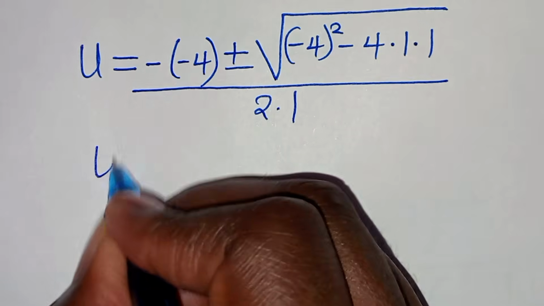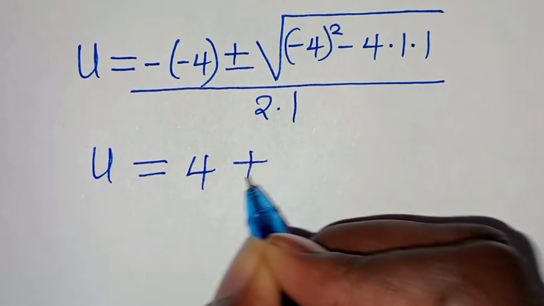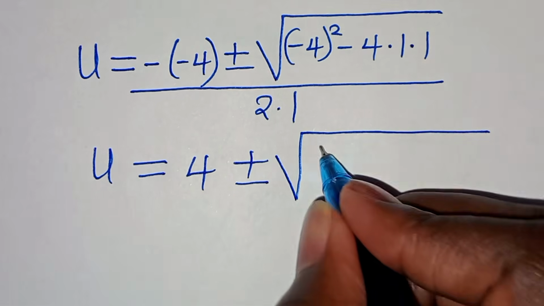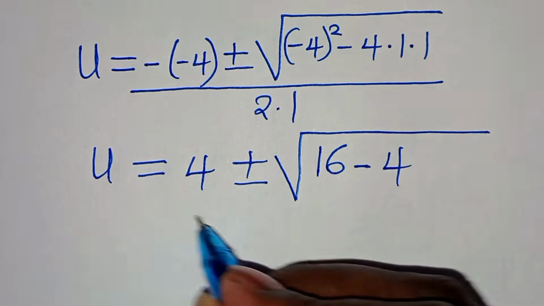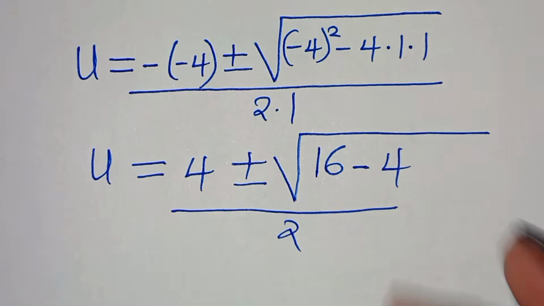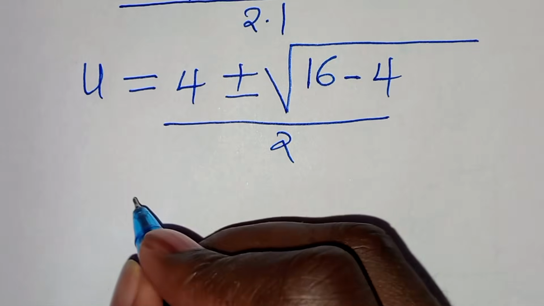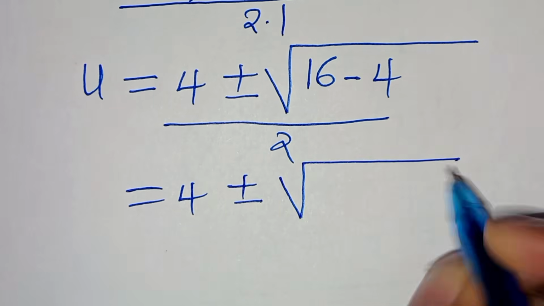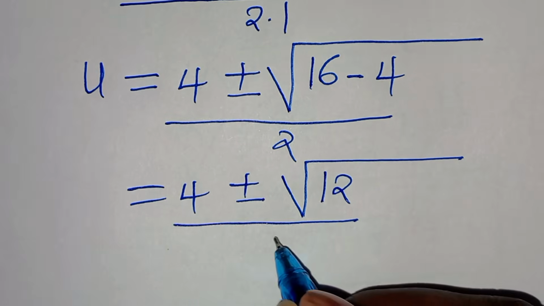So this implies that u is equal to minus times minus 4, this is 4, plus or minus the square root of minus 4 squared, this is 16, minus 4, everything divided by 2. So that now this is 4 plus or minus the square root of 16 minus 4, this is 12, everything divided by 2.